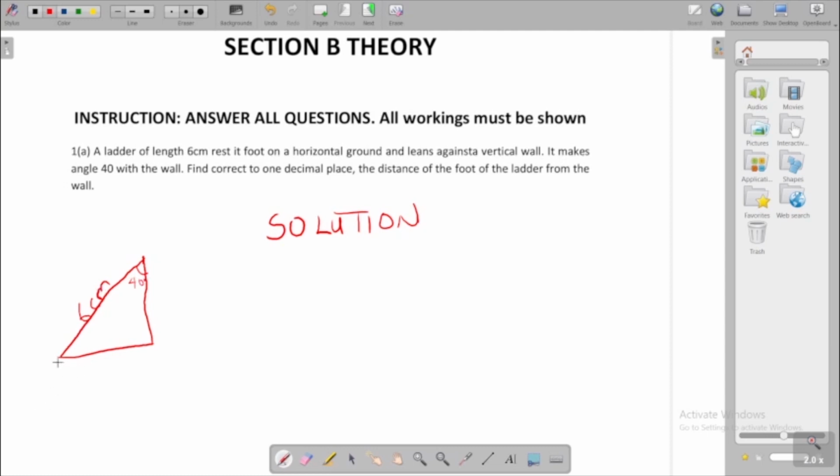This is the foot of the ladder here, and this is the foot of the wall. This implies we are finding this side, which we represent with x centimeter.